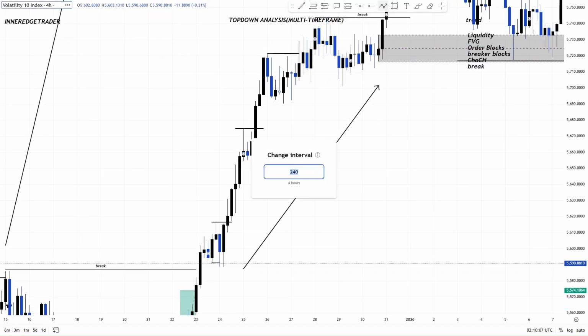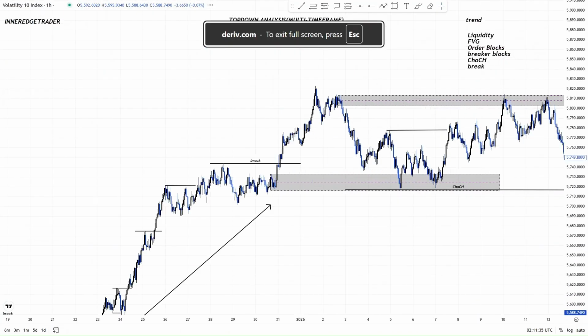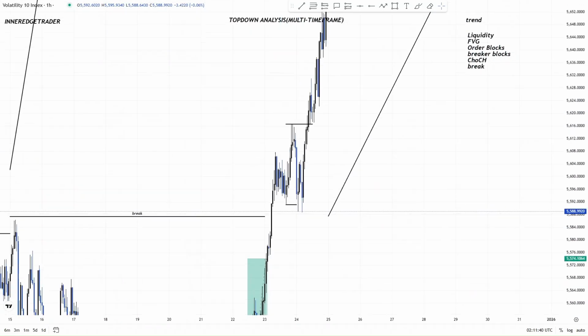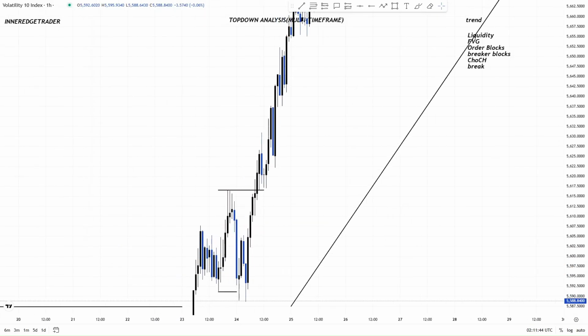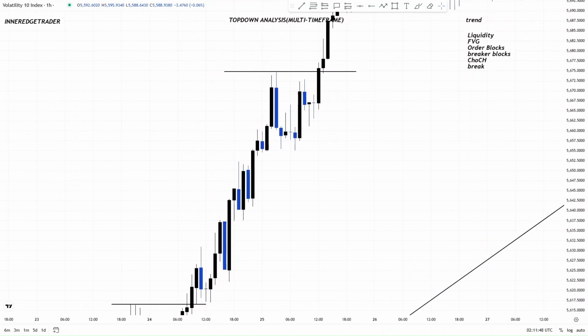So if you go on 1 hour, you will see only on the 1 hour time frame, a series of break of structure happening. You can see a fair value gap, because normally you're always looking for fair value gaps.